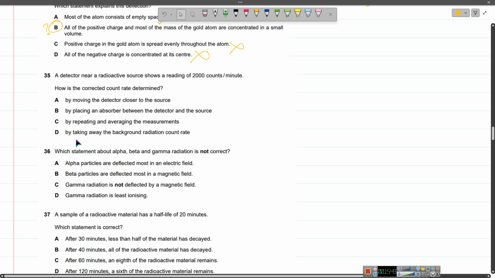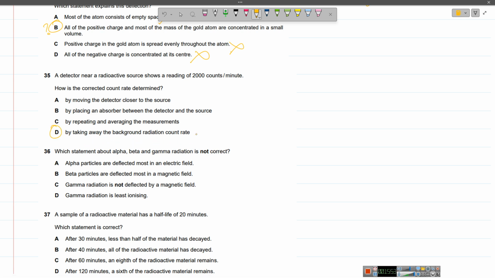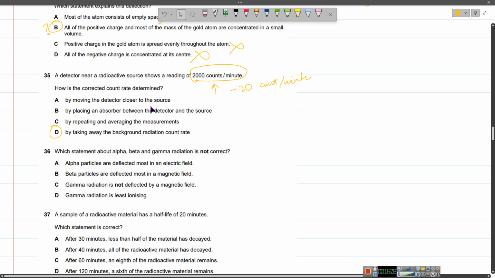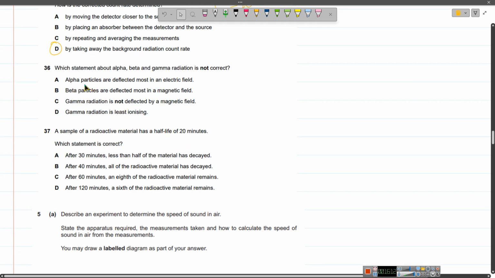By repeating and averaging the measurement and taking away the background radiation count, right? You do know that there is always background in the detection, so we have to subtract this, which is 20 counts per minute, usually 20 to 25. Only then can you get the actual count, right? This reading includes the background as well. There's always background radiation, right?